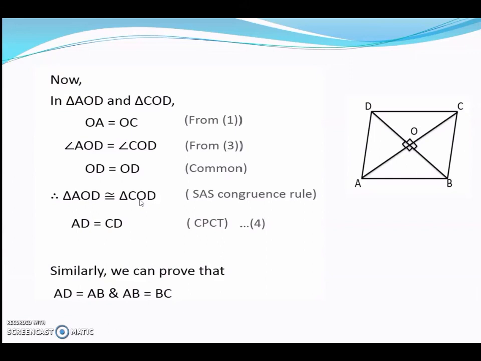So if I can prove then that in this parallelogram ABCD, any one pair of adjacent side is equal. Which are the adjacent sides? Either you can prove AD and DC as equal, or you can prove BC and AB as equal. If I can prove any one pair of adjacent sides equal, then I can prove that it is a rhombus. So to prove adjacent sides, I need to take these triangles which are adjacent to each other.